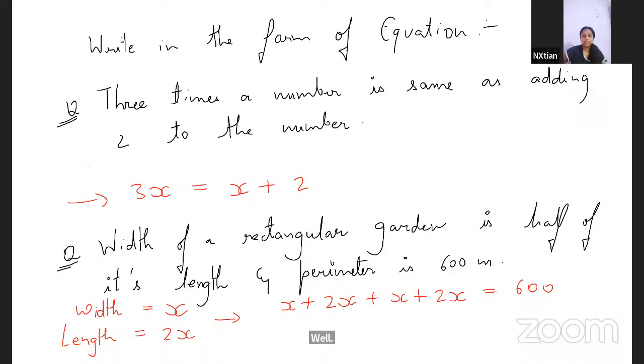Yes, Edric. Please let her do it. 6x equals 600. Now you divide the 600 by 6.